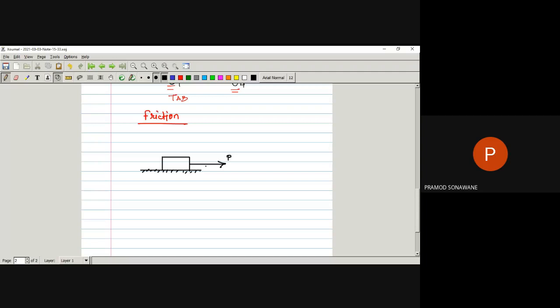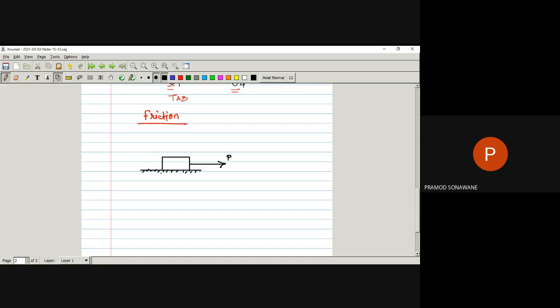If some force P is applied on this crate which is resting on rough surface, whether after application of P your crate will directly start its motion in the direction of P? No, ma'am. It will give some resistance.